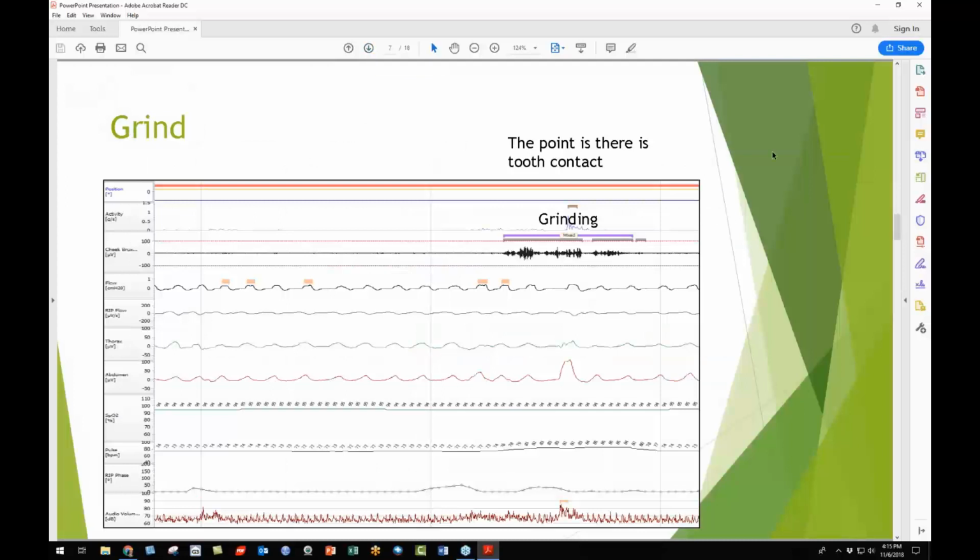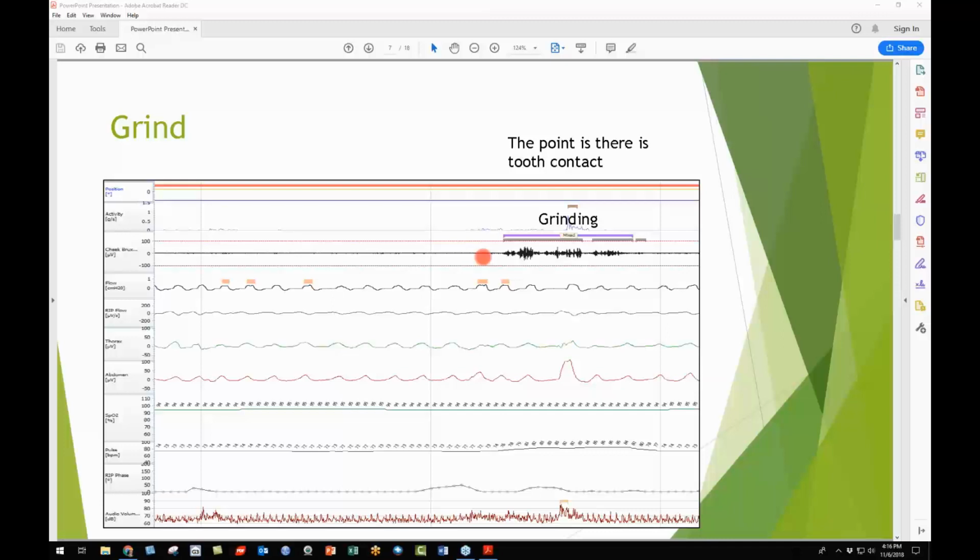Here on this slide, what we're looking at is a grind. I'll define the events at the end, but a grind, you guys know what it is. It's a lot more lateral movement. It's when you wear the teeth, the cow's teeth kind of thing. It's a much longer event. Clenches, I think the max length is 2 or 2.5 seconds, and grinding picks up where that leaves off.